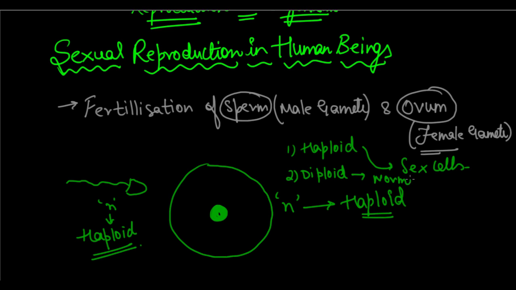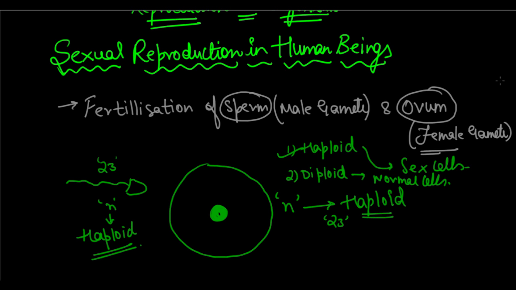All the normal cells of the body, they are diploid. They contain 2 N chromosomes. They contain exactly 23 pairs of chromosomes, right? But the haploid cells only contain 23 chromosomes. Not 23 pairs of chromosomes, they only contain 23 chromosomes.